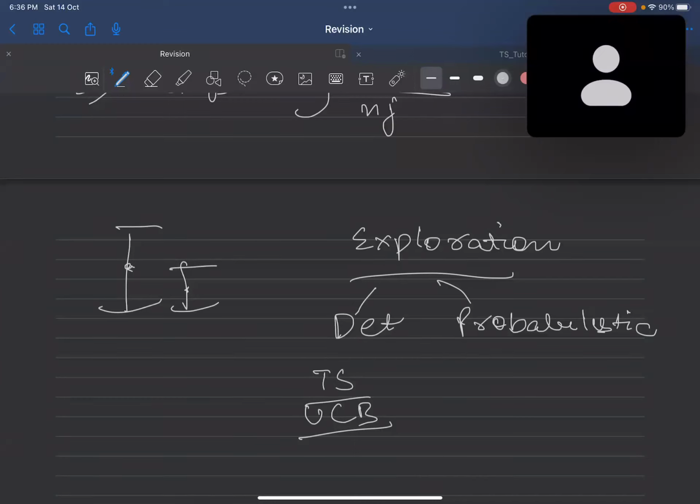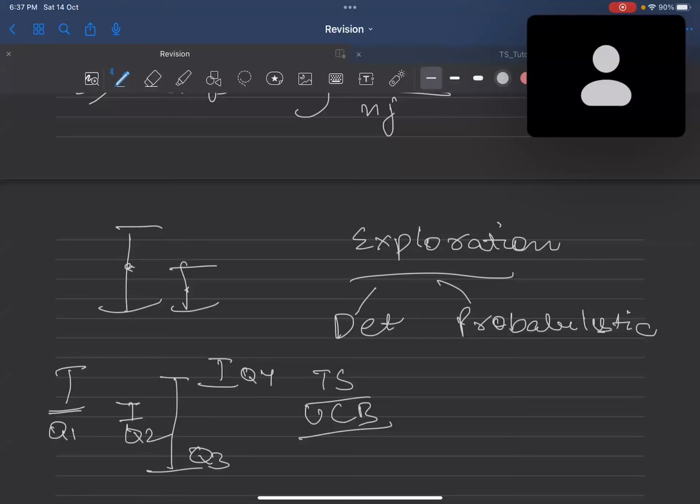Because of something I'll explore, or because of some factor. If some factor is there, then only I'll explore, or it's like randomly I'll explore. I'll give you an example. If I talk about UCB, as we have seen in the diagram, suppose this is Q1, this is Q2, this is Q3, and this is Q4.